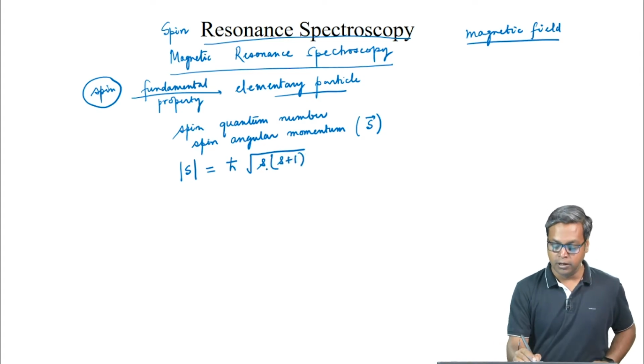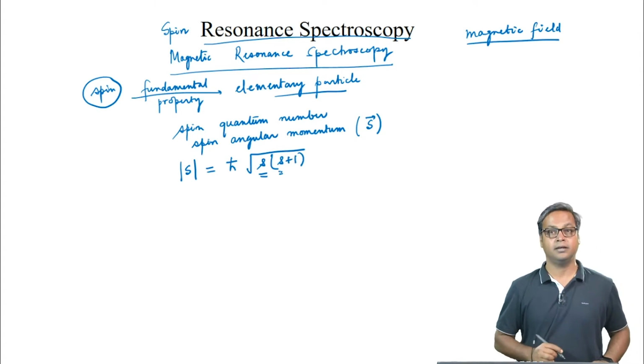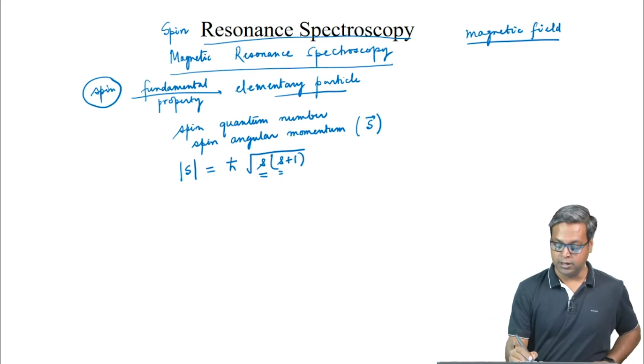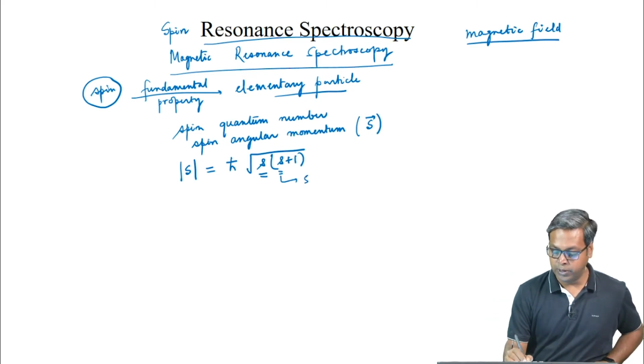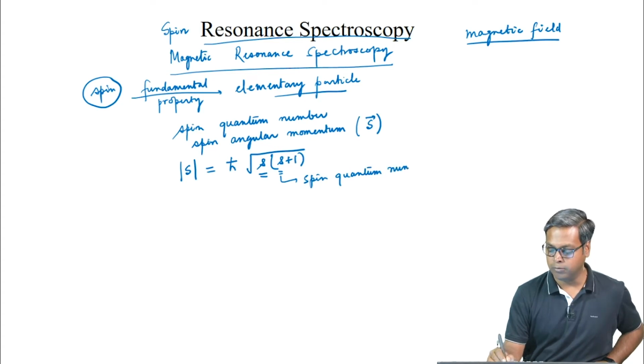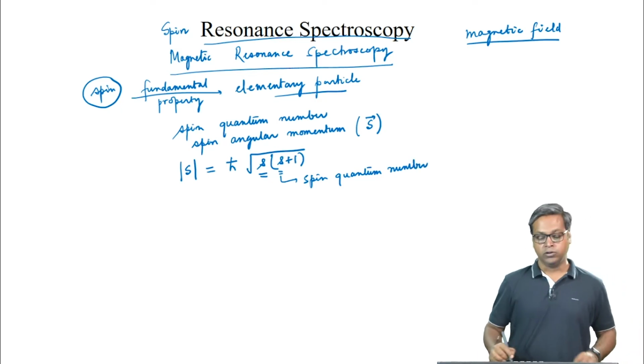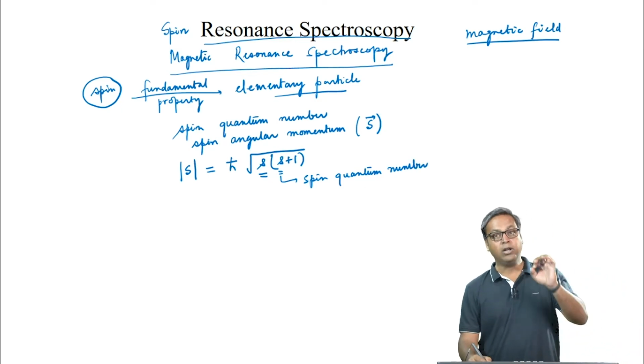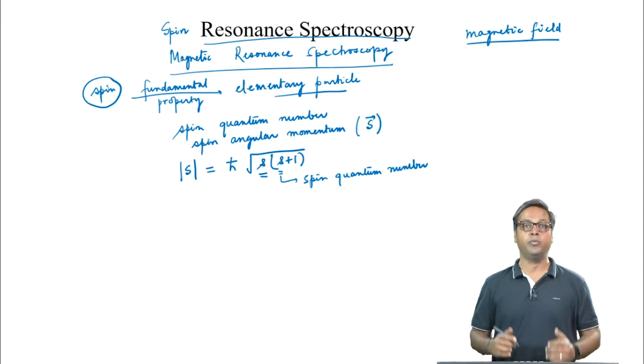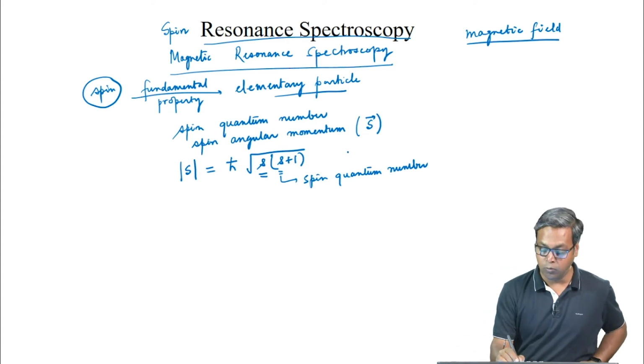Here this small s represents the spin quantum number. So, this means the spin angular momentum is quantized.